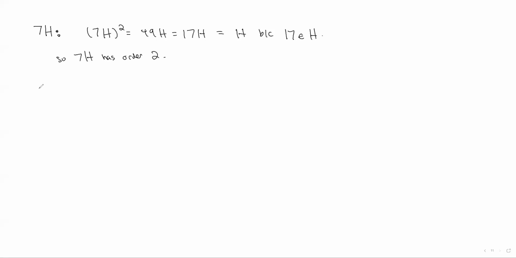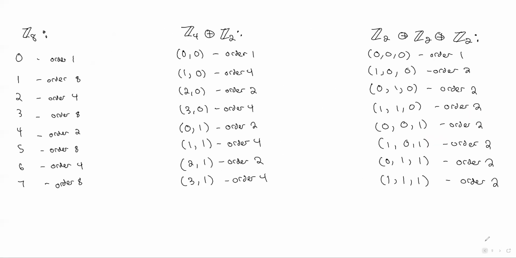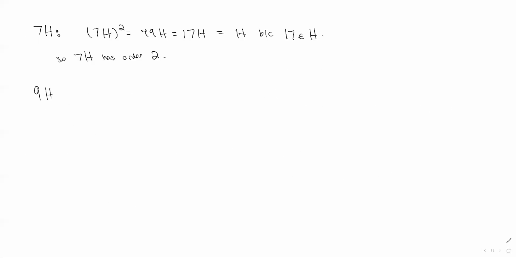Still, we don't know what group we're in because both Z8 and Z4 plus Z2 have, where is it? Oh, here it is. They both have an element of order 2. What about 9H? So 9H squared is 81H, and 81 mod 32 is the same thing as 17 again.